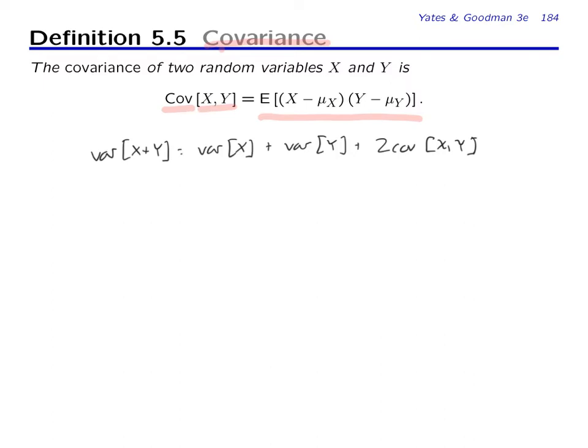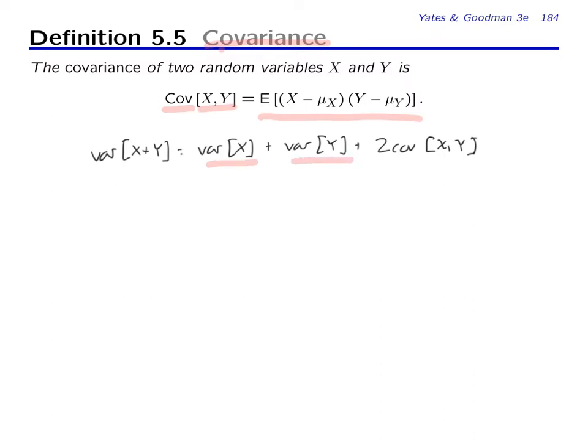And so the way to think about this is that the variance of a random variable kind of is measuring its randomness around its expected value. So the variance of x plus y is giving you kind of the randomness of the sum x plus y. And that randomness is equal to the randomness in x plus the randomness in y.